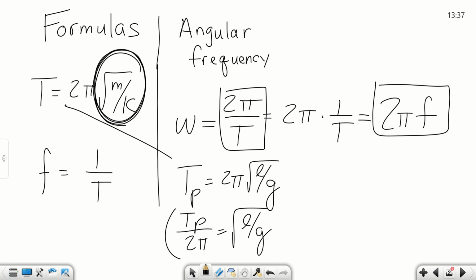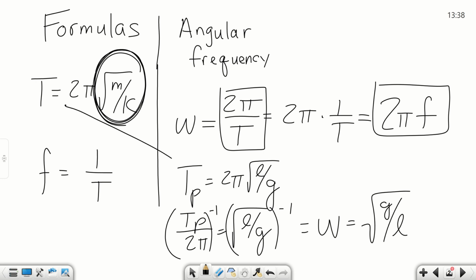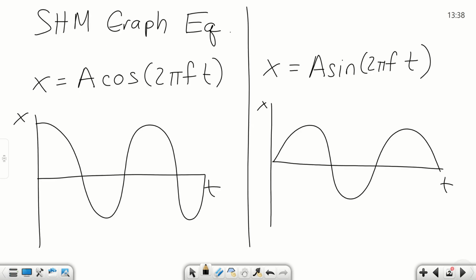If I take the inverse of these, that's equal to the angular frequency, because I flip it, 2 pi over T. And so root g over L is also equal to the angular frequency of a pendulum.